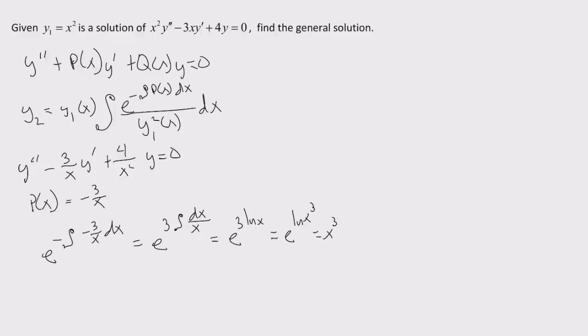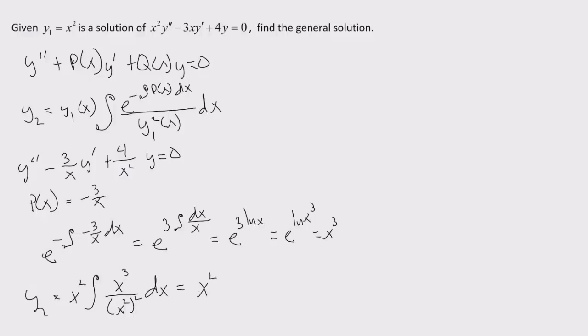All right, let's set up. y2 is equal to y1, which was x squared, then we got the integral of x cubed over y1 squared, so that's x squared squared, dx.